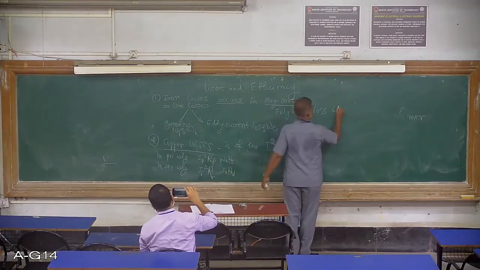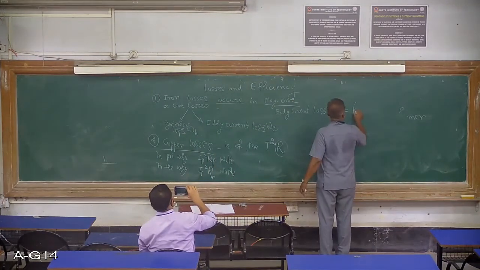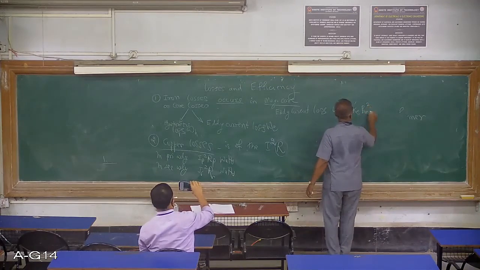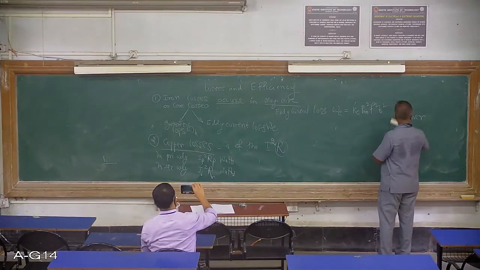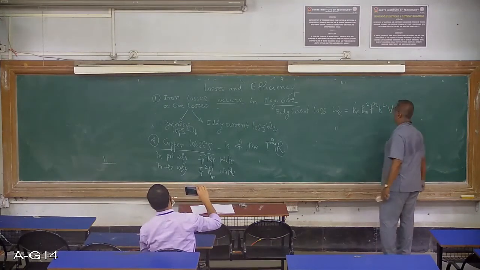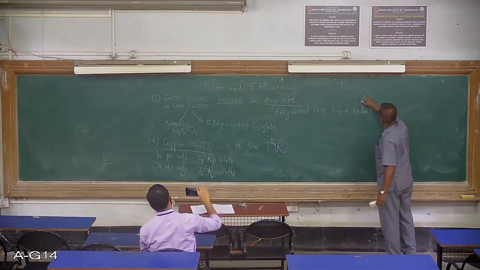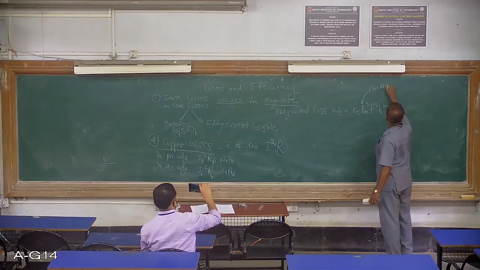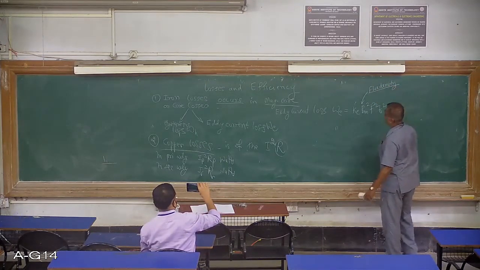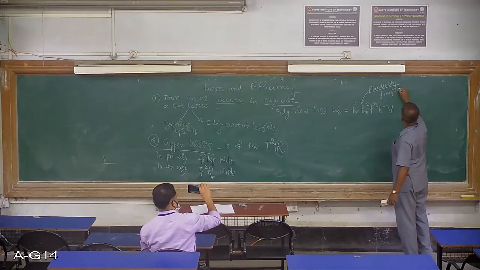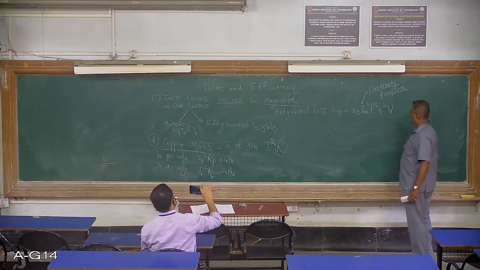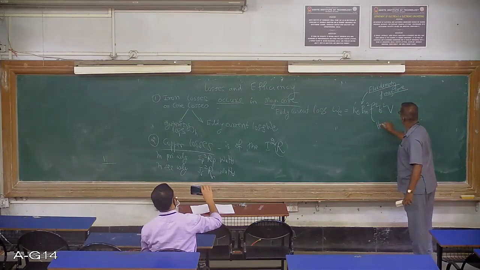Eddy current loss is given by a formula KE Bm squared F squared T squared into V. As you know, Bm is the flux density of the magnetic core. F is the frequency in hertz.